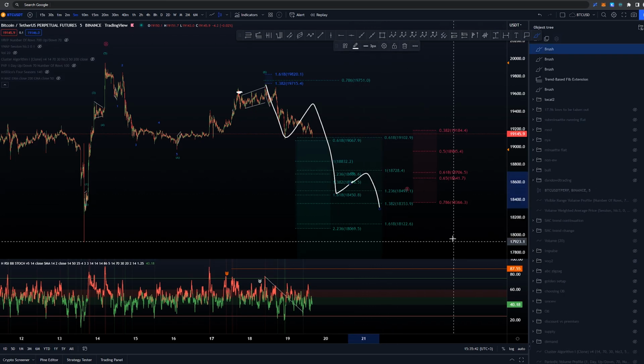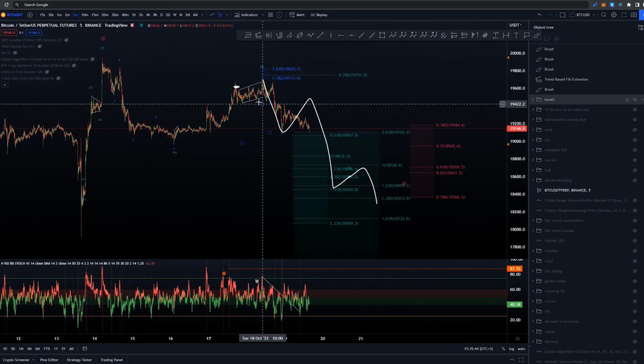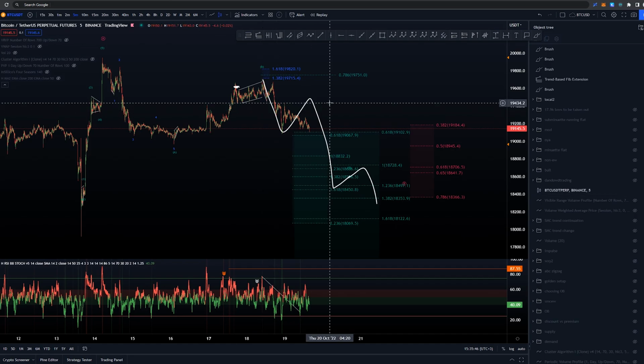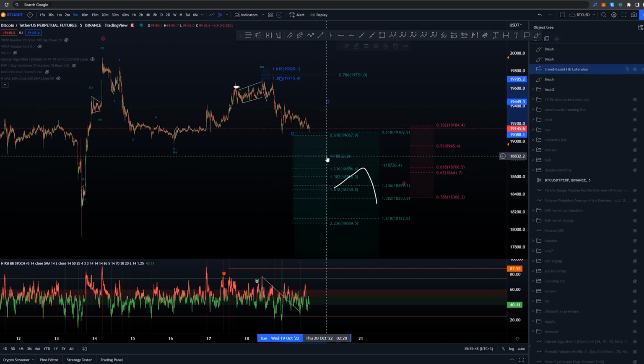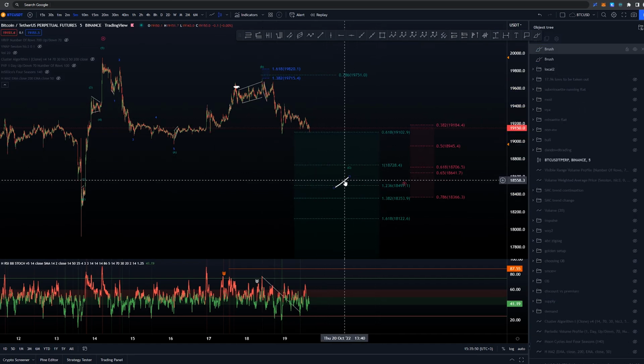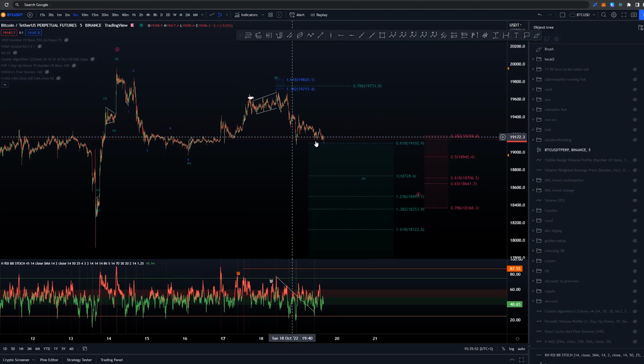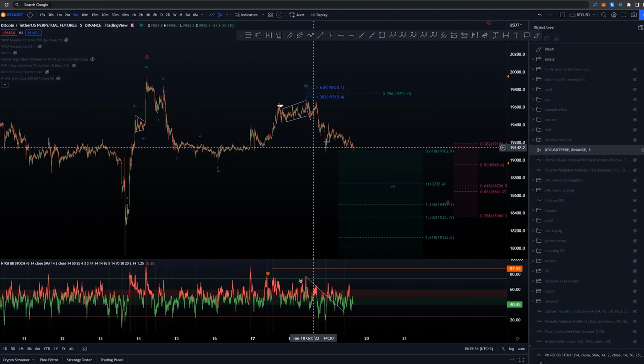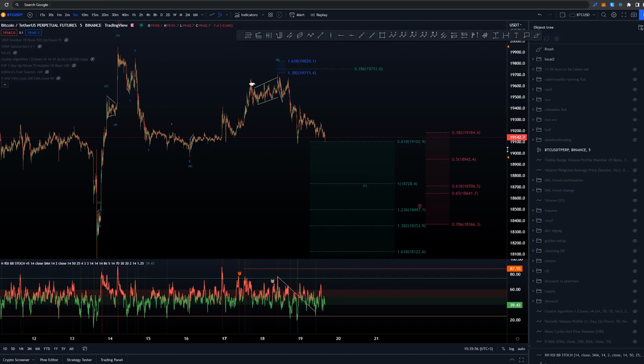So yeah, I'm not sure if this is going to be looking proper anymore. There's not really a clear structure, at least for me, very odd looking structures overall. But those are the expectations I'm having at the moment.